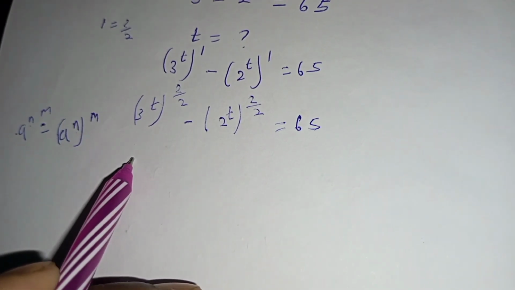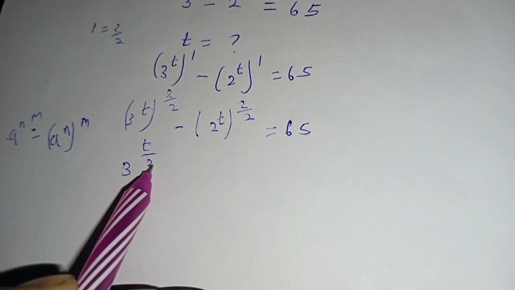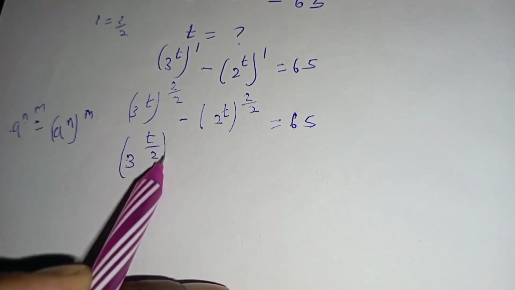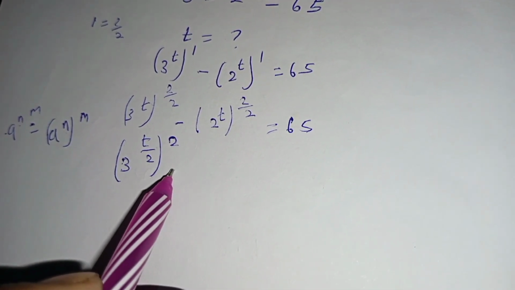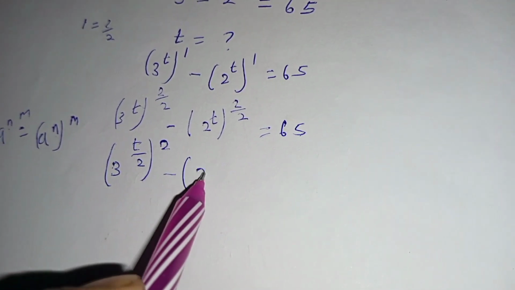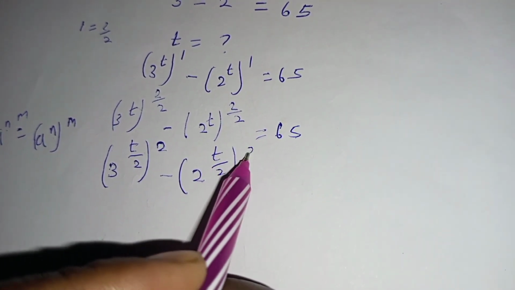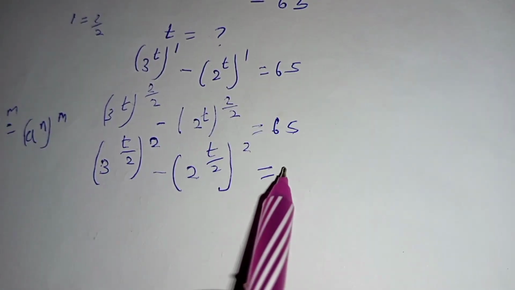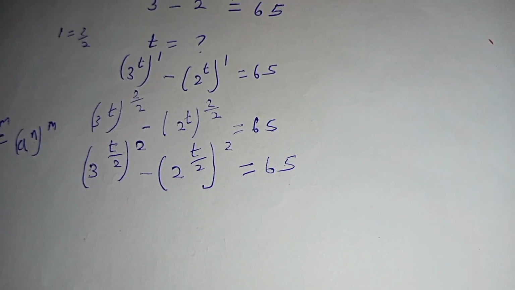So we shall take the denominator inside so that you have (3 to the power of t over 2) squared, minus (2 to the power of t over 2) squared, equal to 65.